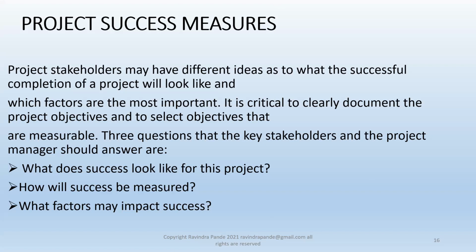Project stakeholders may have different ideas as to what the successful completion of a project will look like and which factors are the most important to them. It is critical to clearly document the project objectives and to select objectives that are measurable. This is really important. This is what we are trying to understand, the metrics definition or the objective definitions.